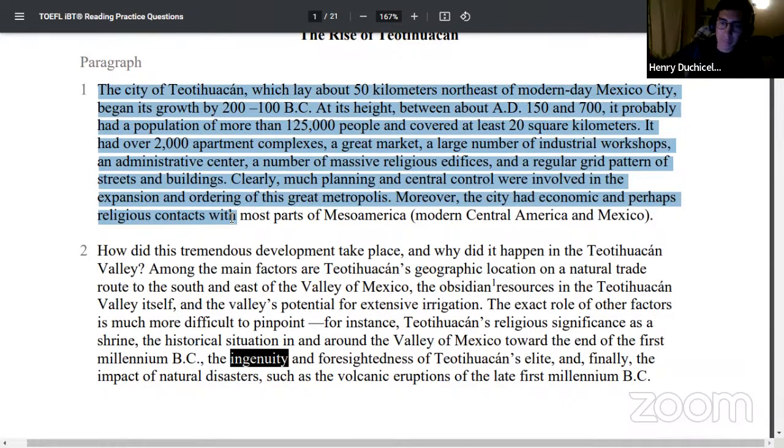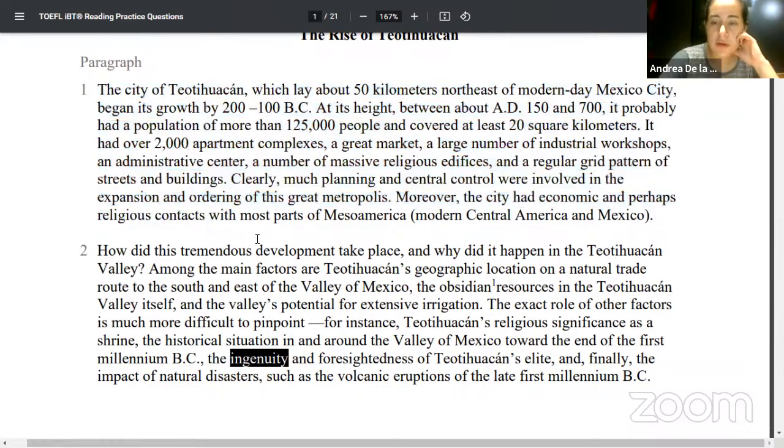They talk about the different places that there used to be there in Teotihuacan, also the historic context, and also the urban planning of the city. And they also mention the religious contact with more parts of Mesoamerica.